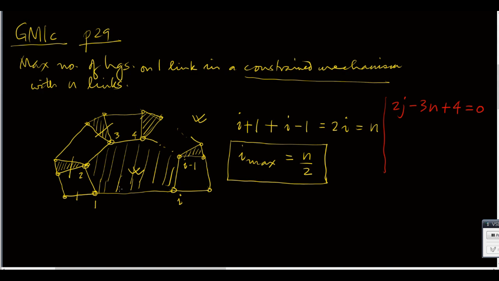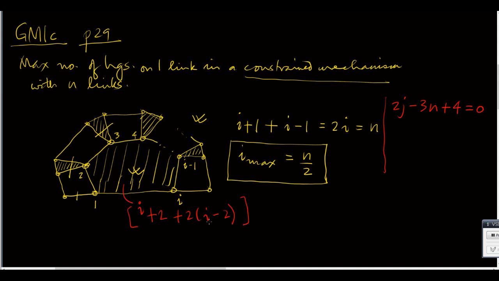We should check. There's I over here, and then 1 and 2, so plus 2, and then for I minus 2 links there are 2, so plus 2I minus 2. That's the total number of joints.